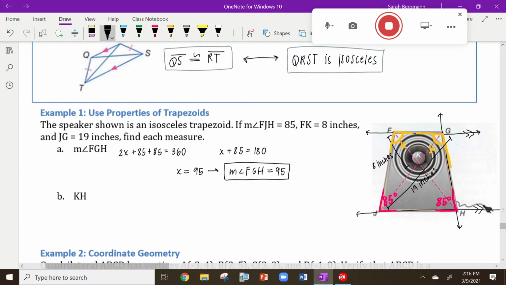Now to find KH, I know that in an isosceles trapezoid the diagonals have to be congruent. So I know that KH, it doesn't necessarily mean that the diagonals bisect each other. So KH, we can't just say that it's 8 inches, but I know that FH is equal to JG. Now I know that FH is the same as FK plus KH.